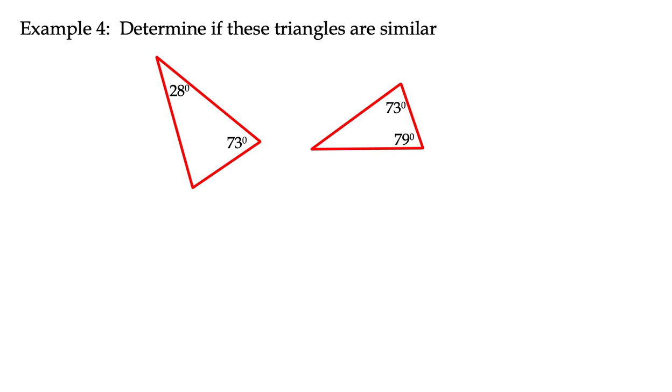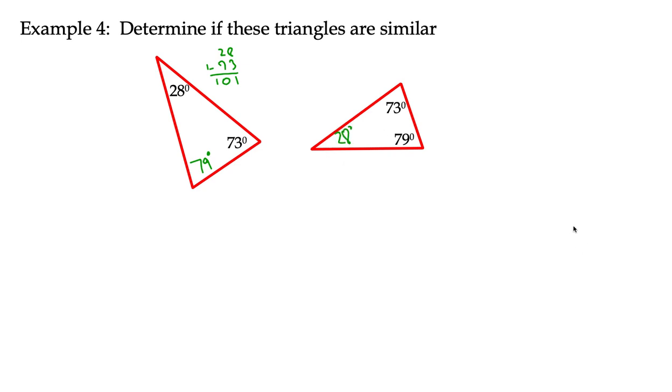So we've got a wee bit of an angle fact game going on here. If that's 28 degrees and 73, 28 plus 73 gives us 101, which means that, as the three angles add up to 180, that's 79 degrees. With this one here, 73 and 79 are 152, and so this is 28 degrees.